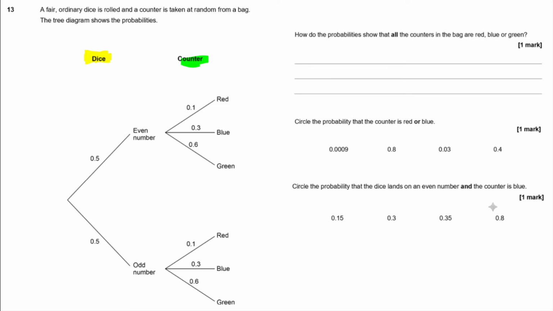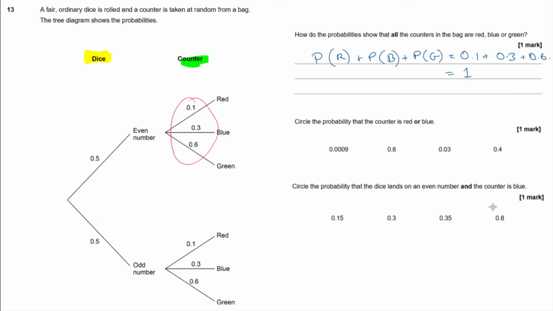So how do the probabilities show that all the counters in the bag are red, blue, or green? Well, you can show that that must be all the answers, because these numbers add up to 1, don't they? So the probability of red plus blue plus green equals 0.1 plus 0.3 plus 0.6, which adds up to 1.